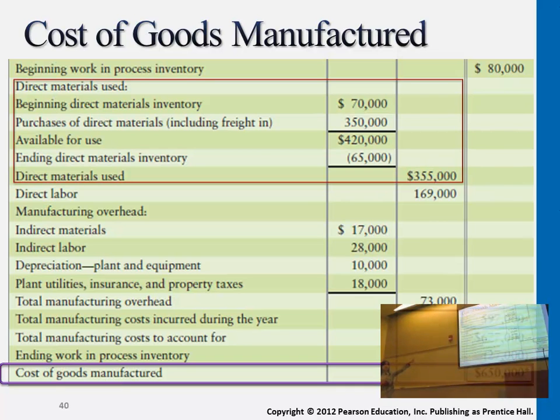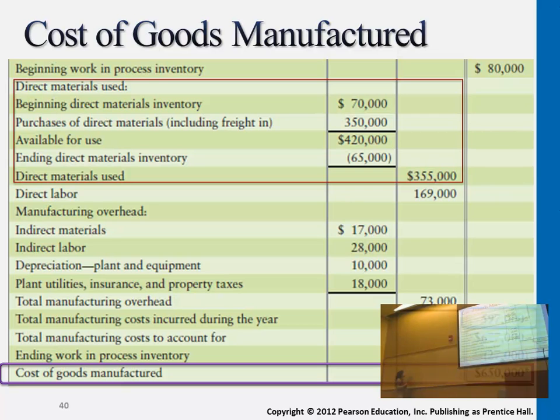To calculate that $355,000 at the end, we need to trace back to last year's statement. Do we have direct materials left over from last year? Yes. We have $70,000 direct materials left from last year that we can still use this year.